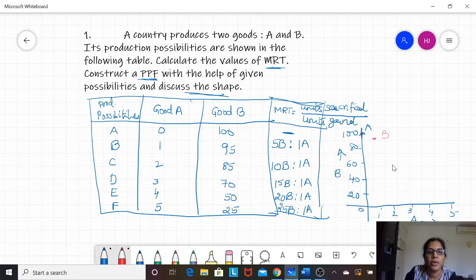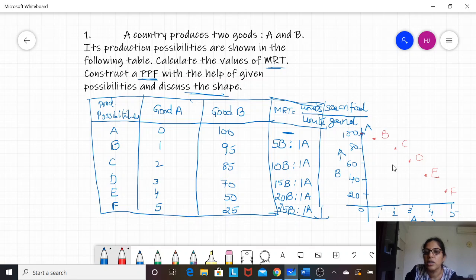This is C: 2 A, 85. So 80, 85. I'm just plotting roughly. D: 3 A, 70. So 3 somewhere here. This is E: 4 A, 50. So 4. This is F combination: 5 A, 25.